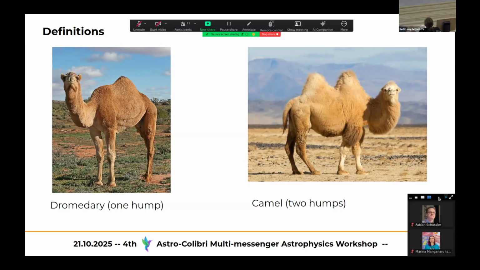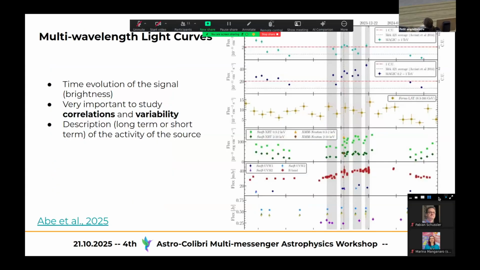So since many years, what I do is to collect multi-wavelength data, possibly multi-messenger when it's possible, and then work on the emission mechanism of the sources. So trying to put together an interpretation of the multi-wavelength data set. To get to the camel, so to the spectral energy distribution, you need to start with multi-wavelength light curves. This is just an example.